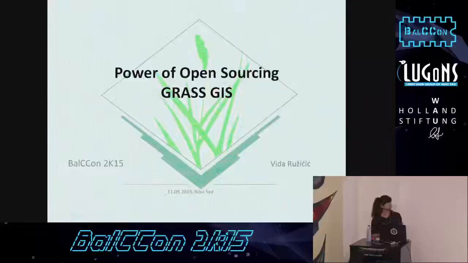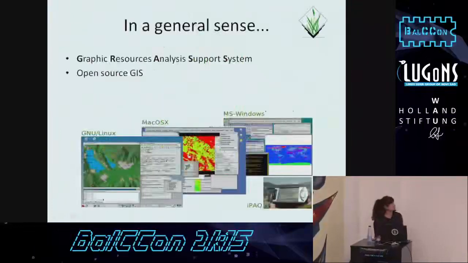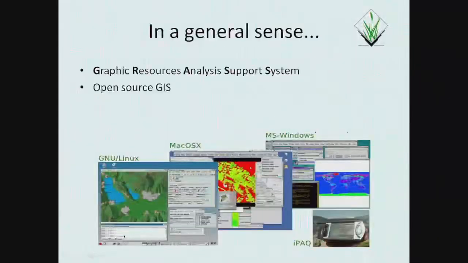Hello everyone. Today I'll speak about GrassGIS, the power of open sourcing, and Python in GrassGIS. But first, I'll speak about the definition of GrassGIS. GrassGIS is a Geographic Resources Analysis Support System, commonly referred to as GrassGIS.